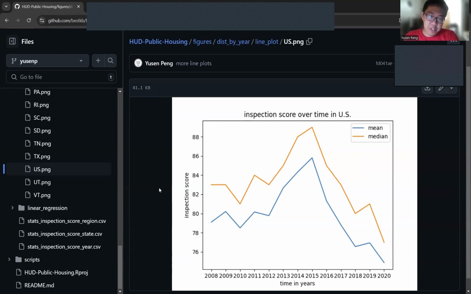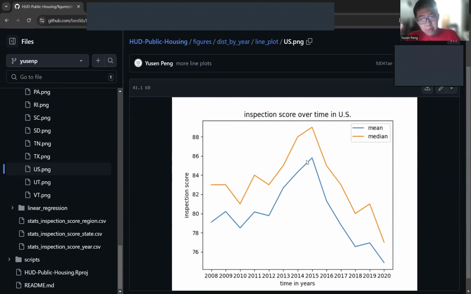This plot is specifically from 2008 to 2020. It's the overall inspection score in the United States, the cumulative results for the entire United States of America. We see some turning points over here. The inspection score is dropping over time, and this is captured by both median and mean.